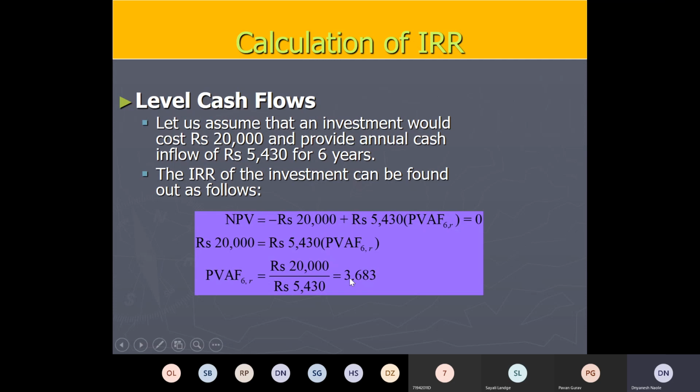You go to that table and try to find exactly where 3.683 comes, in the 6 years column, and you find the rate. That rate comes to basically 16%, which is not given here in the book. If you refer, this internal rate of return comes to 16%.